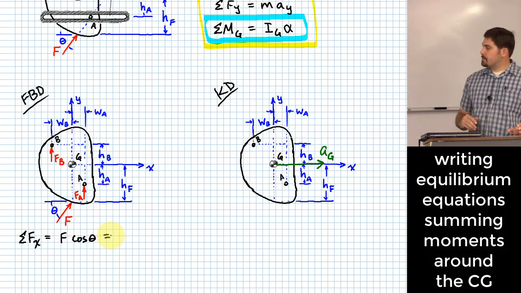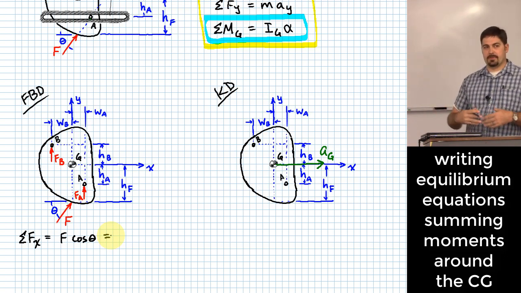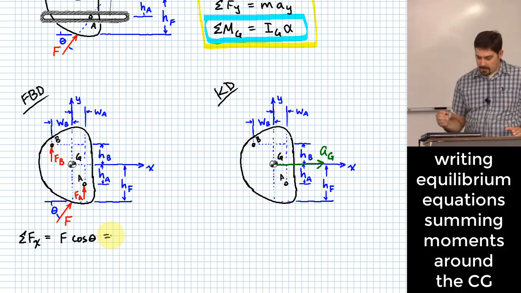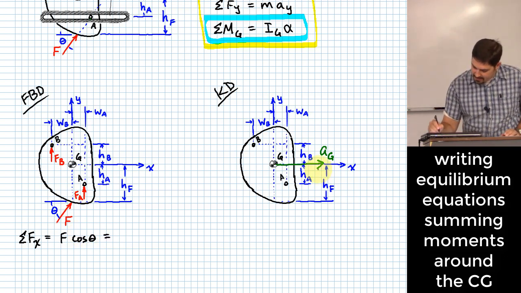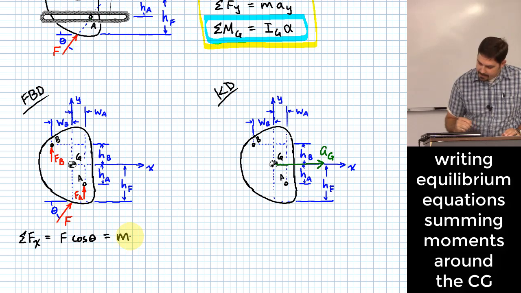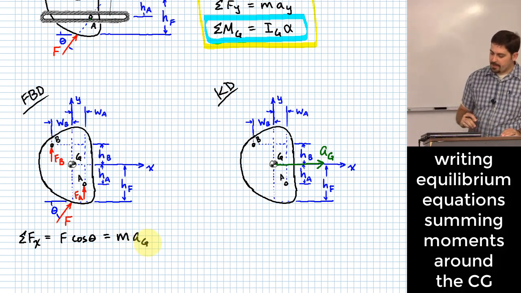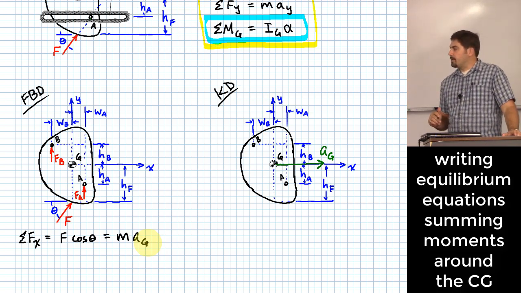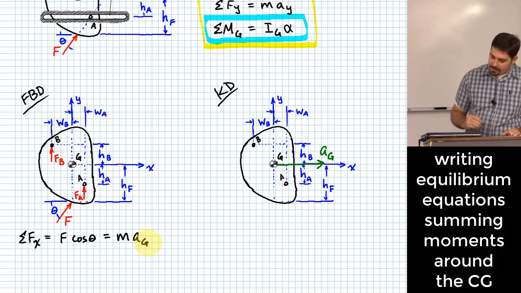And so this is going to be equal to the acceleration of the center of gravity of this body, which is the same as the acceleration anywhere in the body, given that it's purely translating, okay? So I'll just go ahead and say this is going to be equal to the mass of the body times the acceleration that I named A sub g right there. All right. Good deal. What about the y direction?